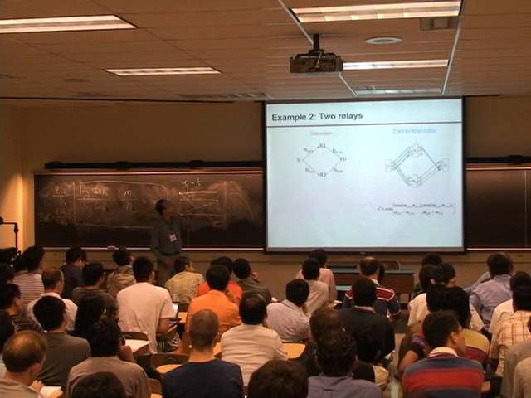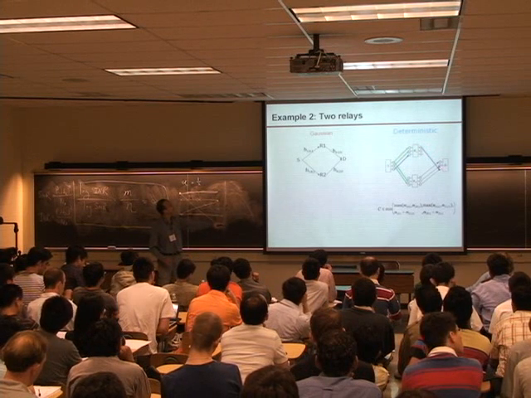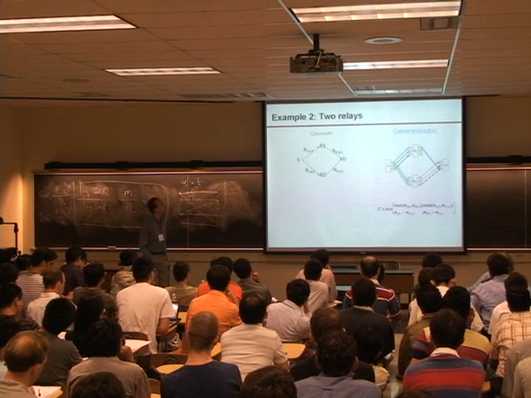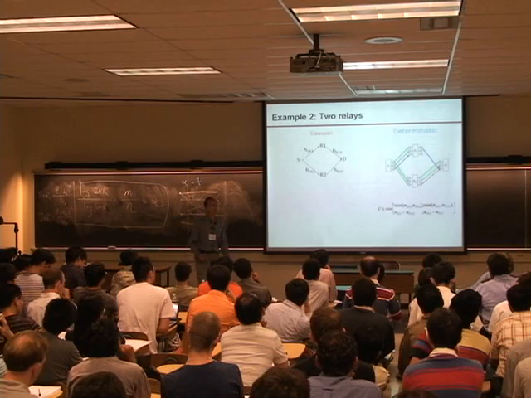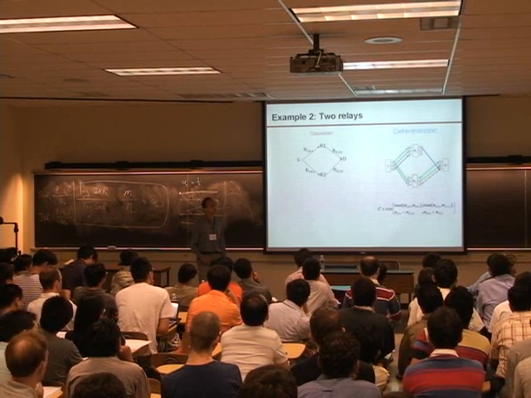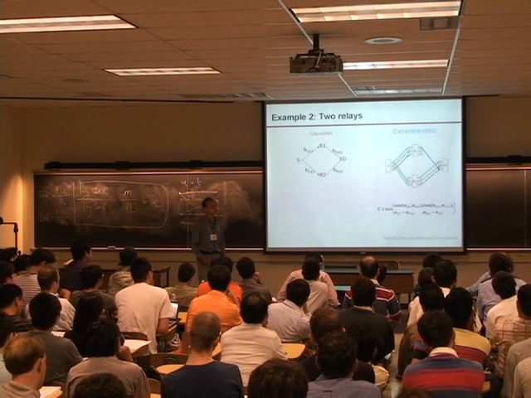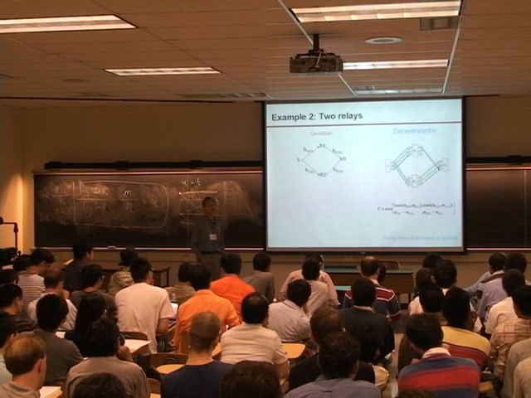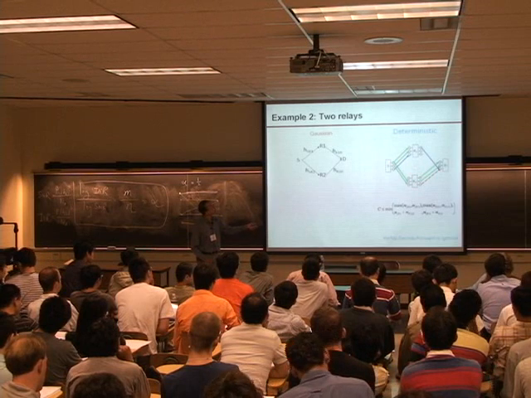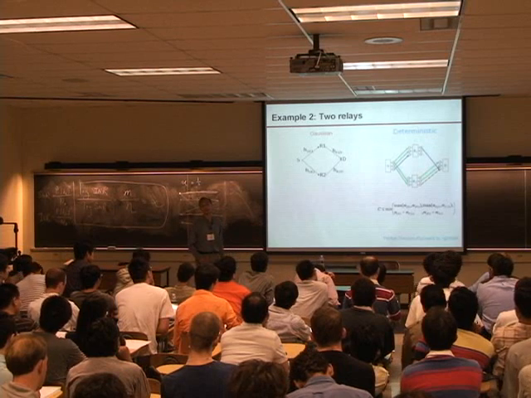Now, relay 1 decodes this message and forwards it, which precludes the use of this link. And relay 2 forwards the message it receives and decodes this. So this strategy is partial decode-forward. This is not decode-forward, because relay 2 actually cannot decode all the bits sent from the source. Relay 1 can, but relay 2 cannot.